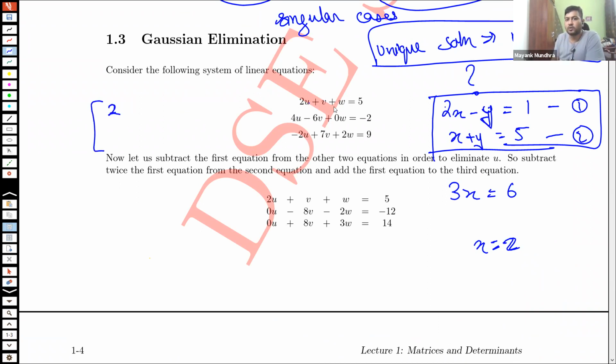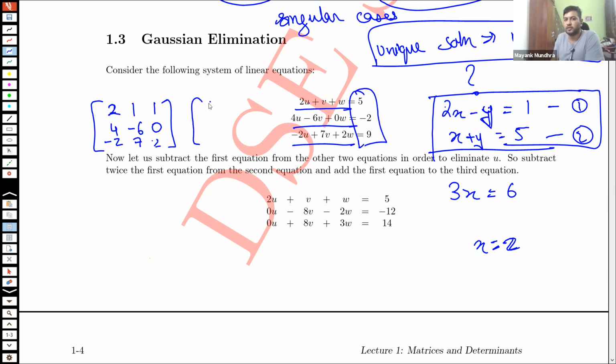I'm going to write the coefficients 2, 1, 1, 4, minus 6, 0, minus 2, 7, 2. Okay, and then these constants 5, minus 2, 5. Actually, the way to write this would be u, v, w equals 5, minus 2.